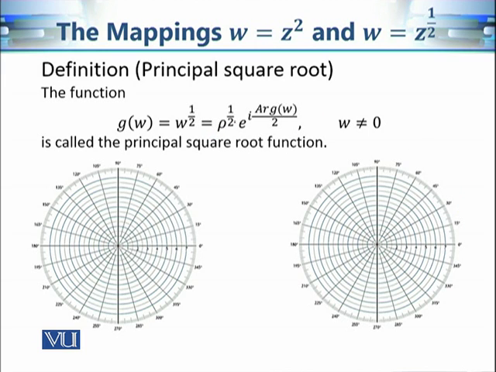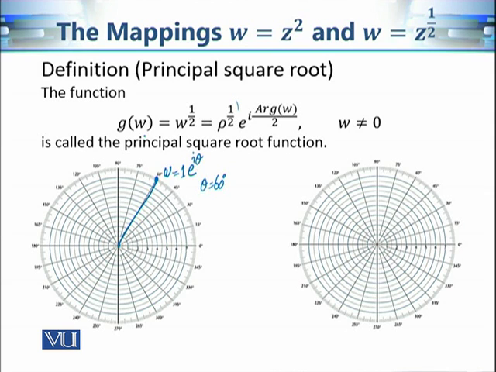And we can also observe what will happen when we apply this principal square root function. The modulus will be square rooted and the argument will be halved. So once again, let's say this number is w equal to 1 e raised to the power i theta, where theta is 60 degrees.